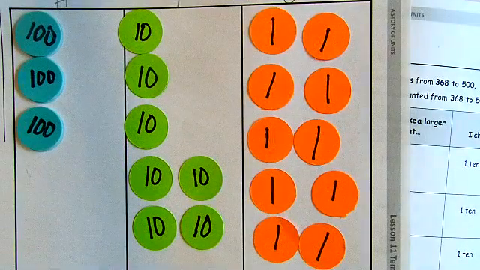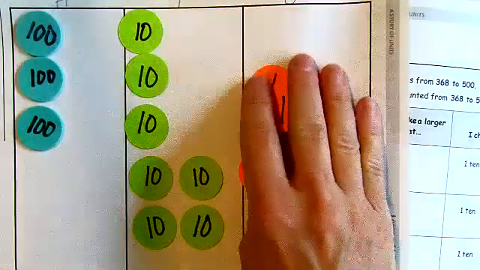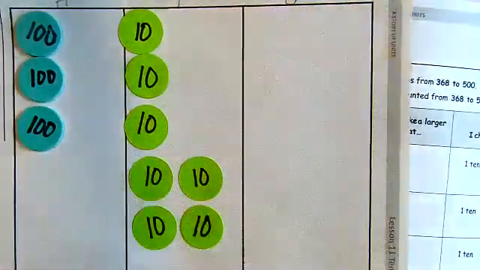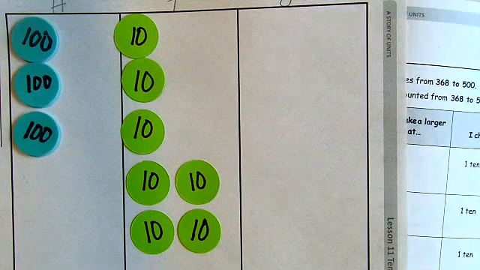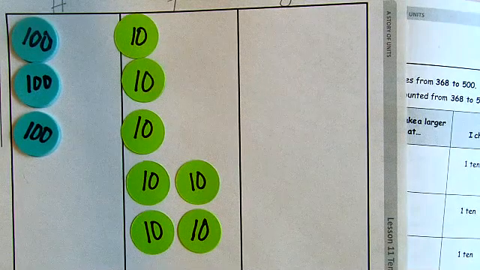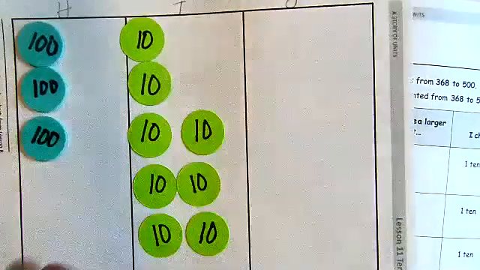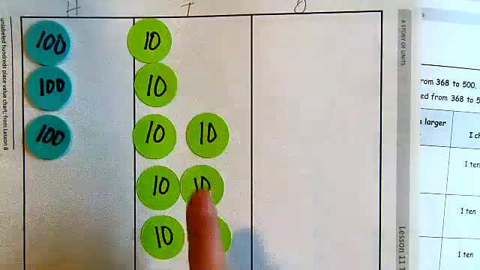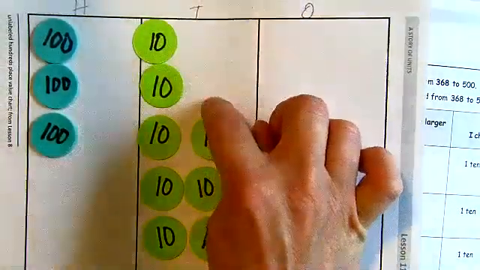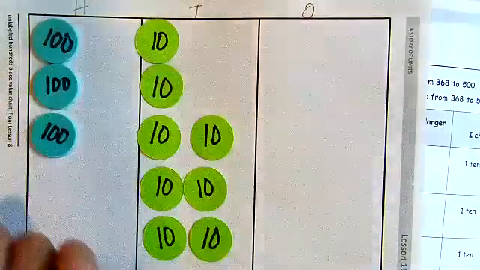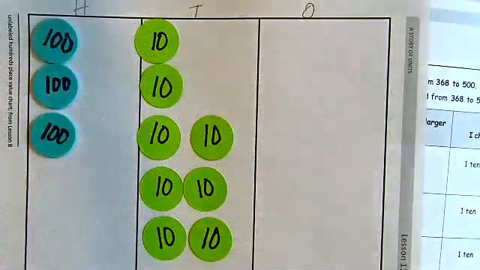Again, we can change these out. We changed at 370. Now we've changed at 380. Adding that next 10 over, we have 300s. Now we have 8 tens. We need 2 more tens before we can switch over to the hundreds.